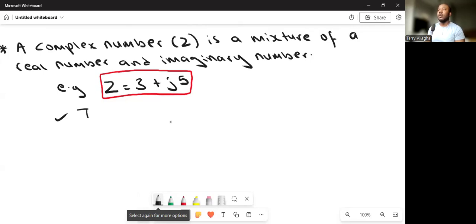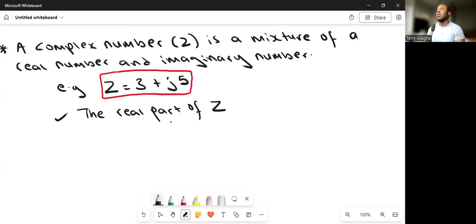So the real part of Z, the real part of the complex number, remember I told you Z means the complex number, is written as R-E-Z.